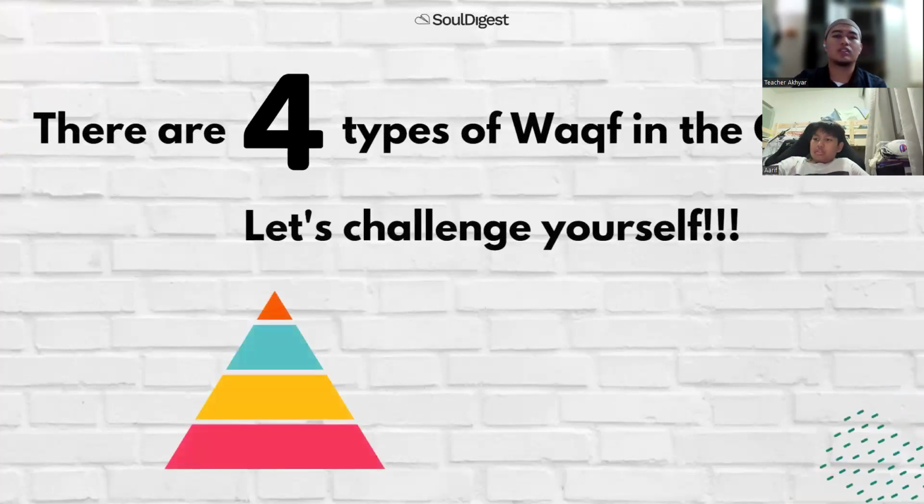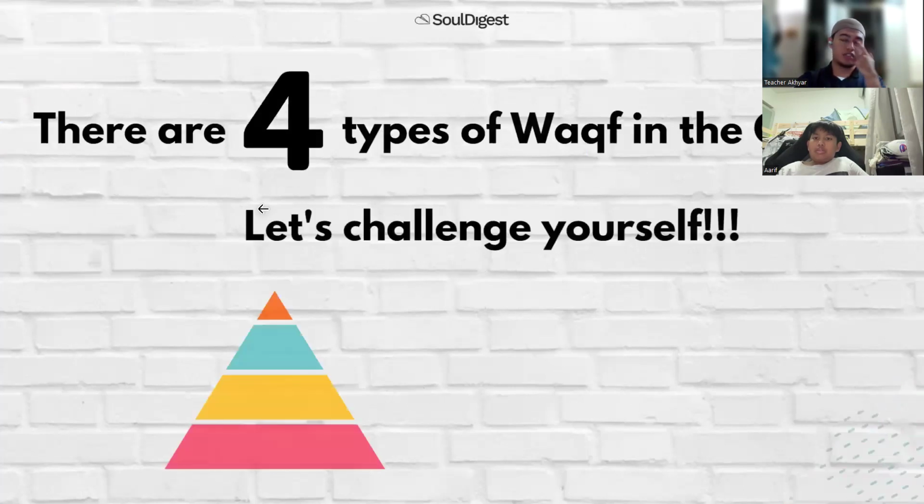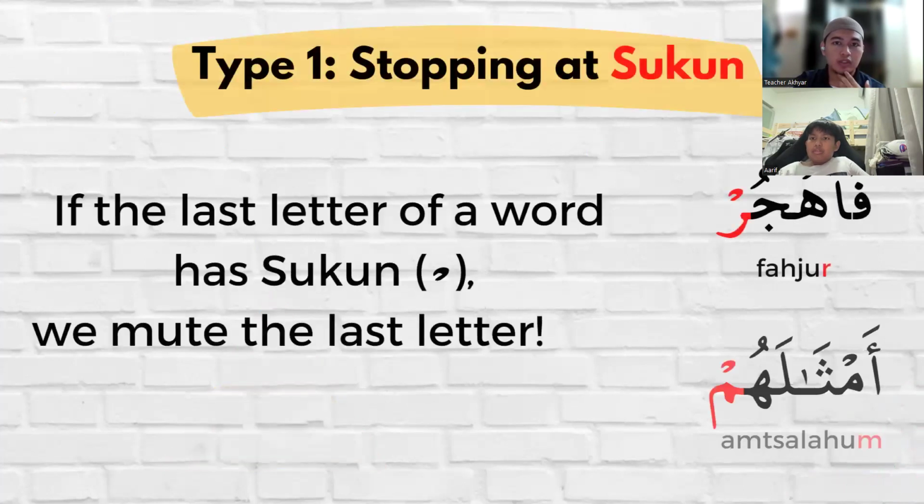Okay, so in the Quran, there are 4 types of waqf. And let's learn. So there are 4 types of waqf in the Quran, and we're going to look at them one by one.